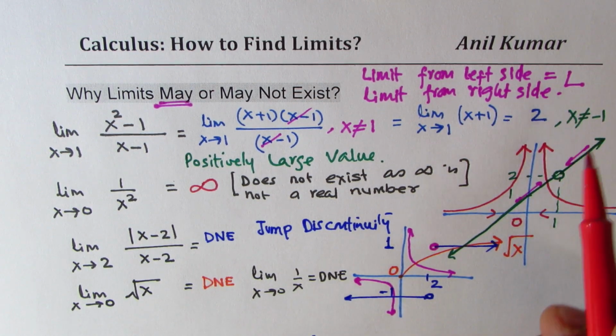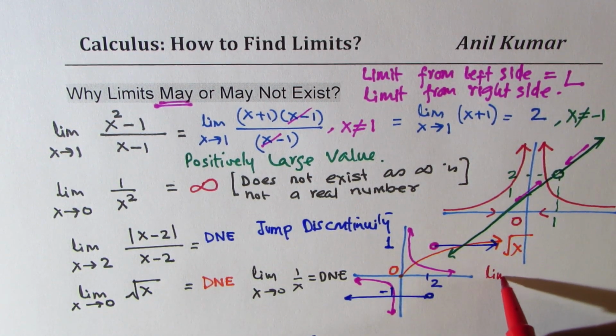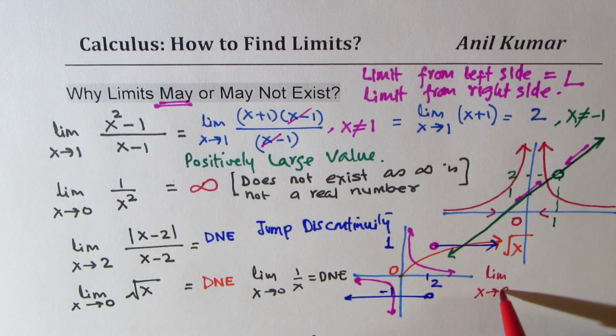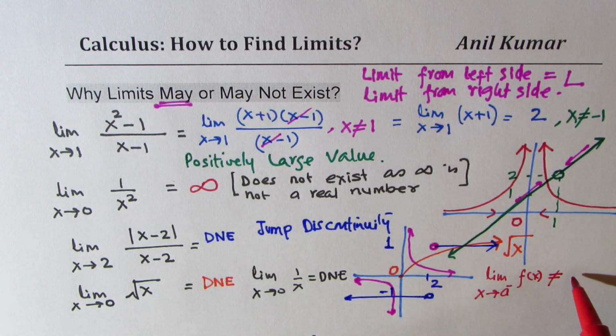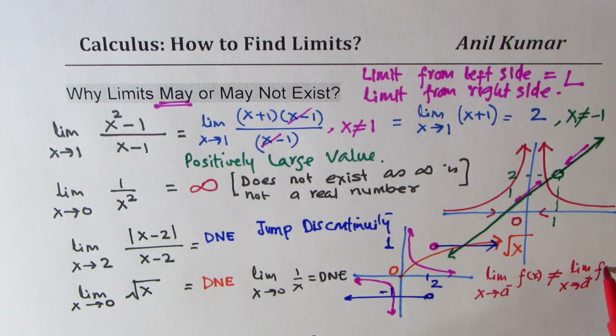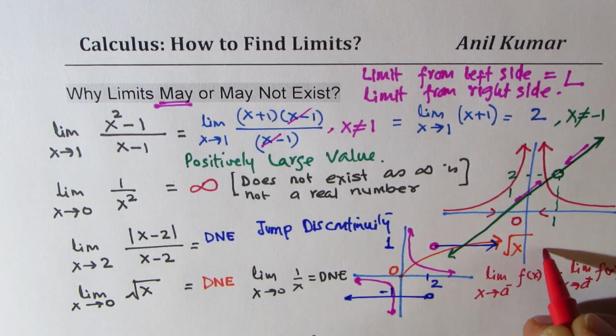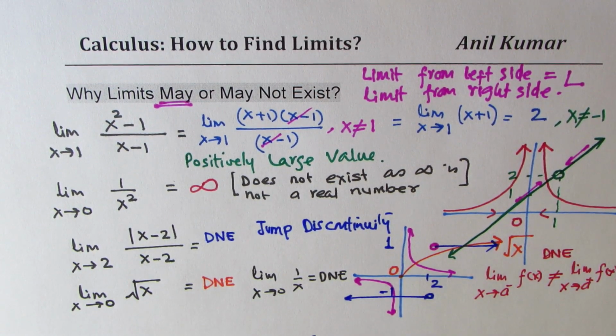Simple as that. If the limit when x approaches a from the left side for any function is not equal to the limit when x approaches a from the right side, it does not exist. Very simple. That is the basic concept.